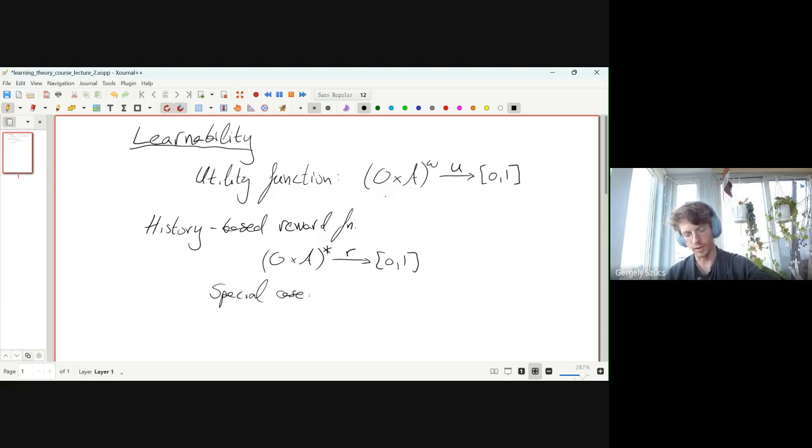The utility function takes a whole destiny, so it's everything that happened. In a few minutes we'll see how to get a utility function out of a reward function, and I think it will make sense what the fundamental difference is. But first I want to say a special case is when the reward is directly observed.